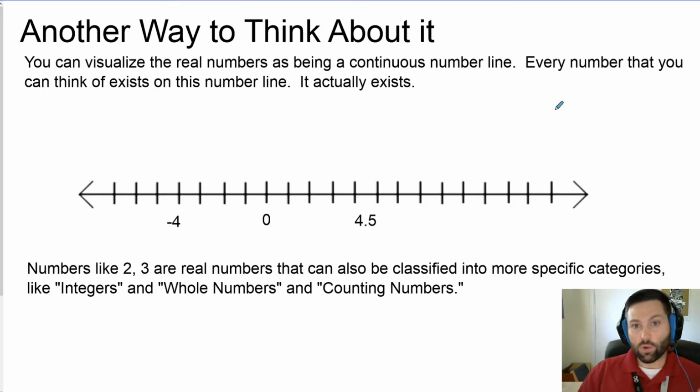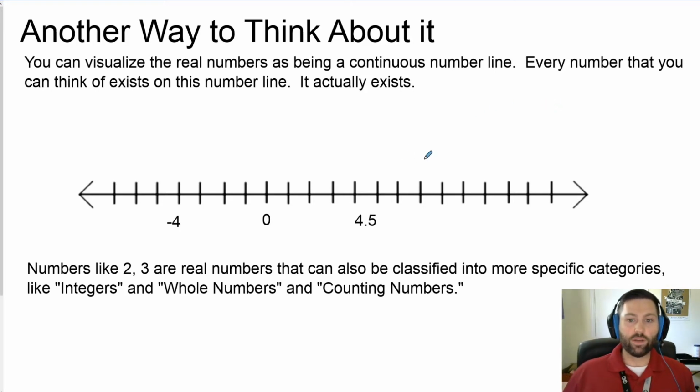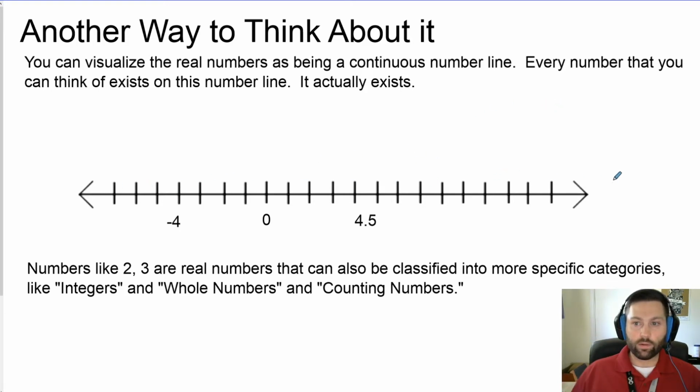Another way to visualize the real numbers is as a continuous number line. Here I drew a number line. Every number that we can think of exists on this number line. It can be quantified and represented in some way on this number line.